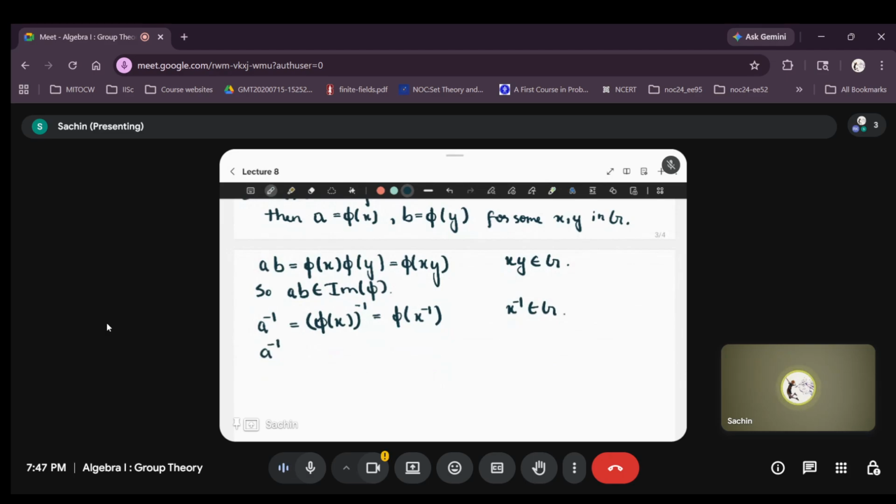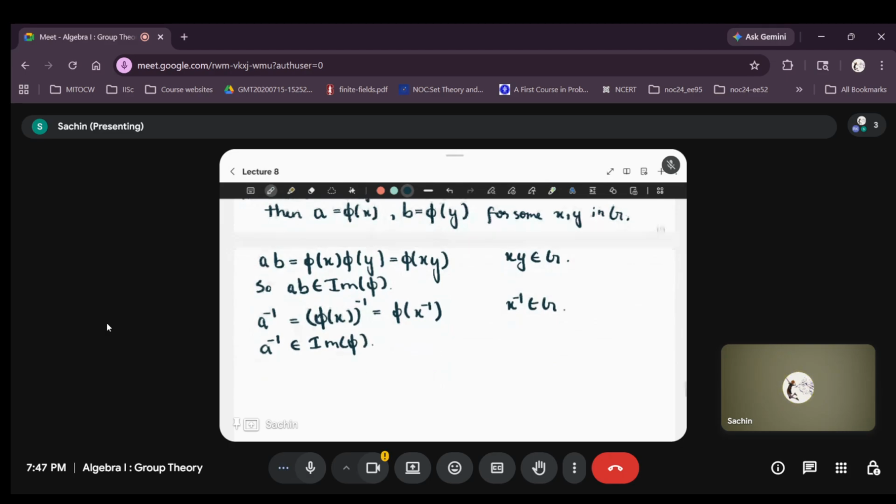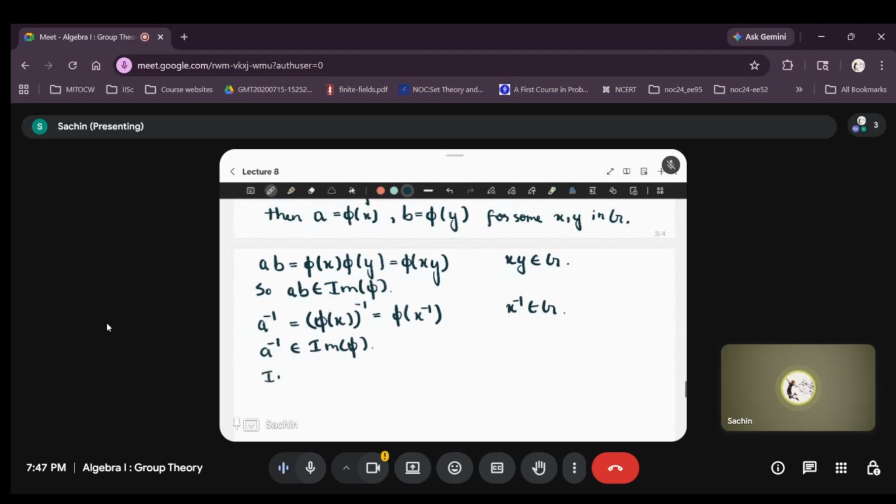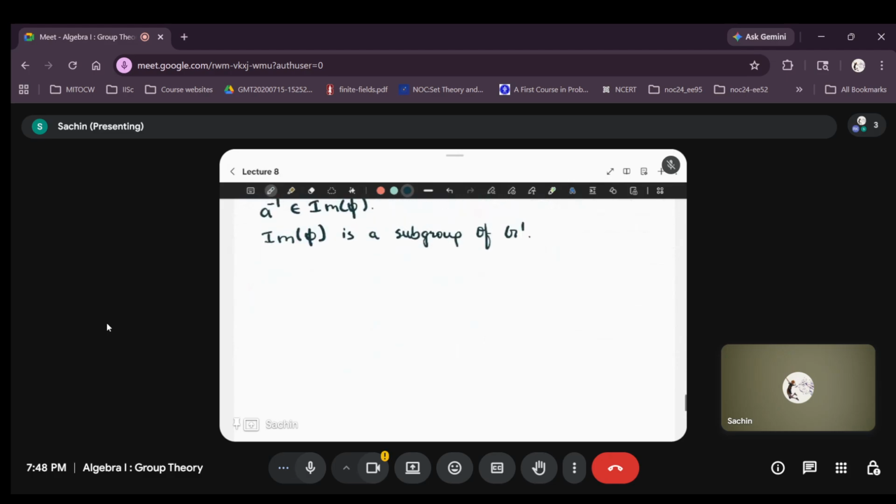That would mean that A inverse is in the image of phi. So the image of phi is a subgroup.